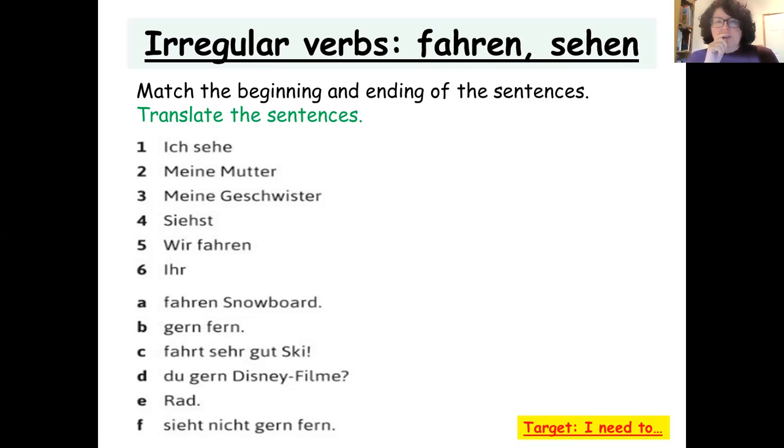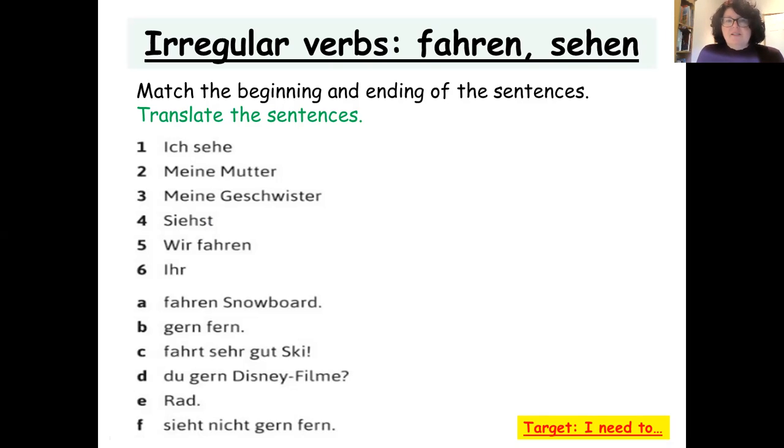Okay, so zum Beispiel, let's do a little example. So for me, the easiest one is this one here, siehst, okay? Because it's got the verb there, and I know what's missing here is the pronoun. And I know already that siehst is the second person. So I know also then if it starts with siehst and the pronoun is next, then it's going to be a question.